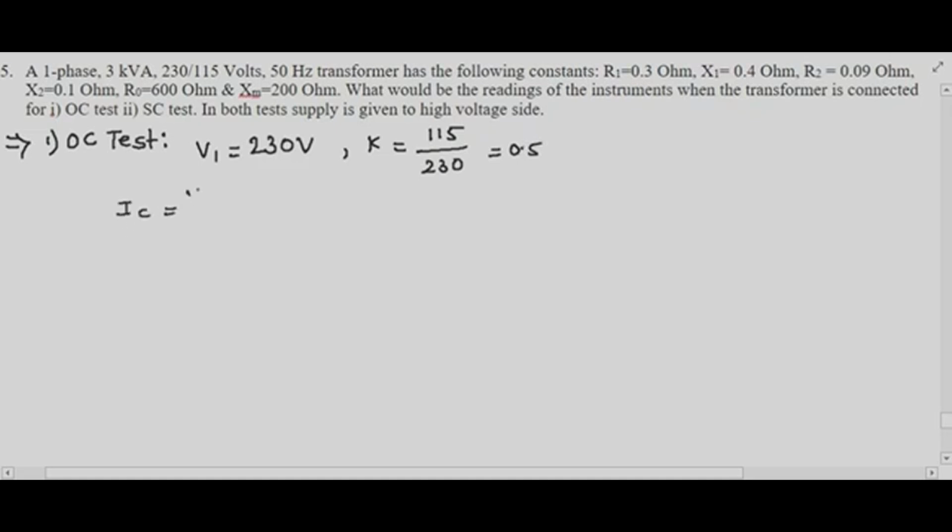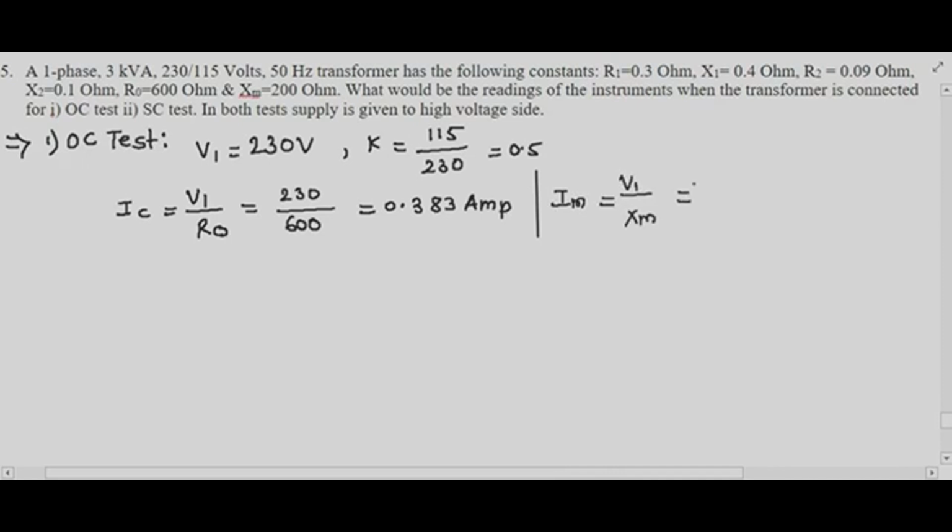What is IC? IC is nothing but V1 upon RC, or R0, it is mentioned as R0 here. V1 is 230 volt, R0 is 600. So my IC will be 0.383 ampere. Similarly, I can find out IM, the magnetizing current. It will be V1 upon Xm.